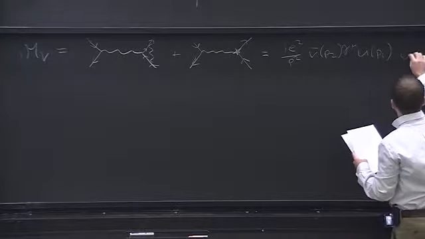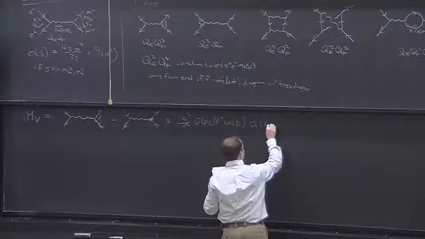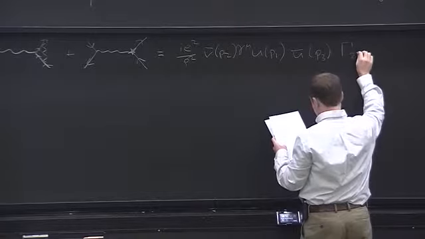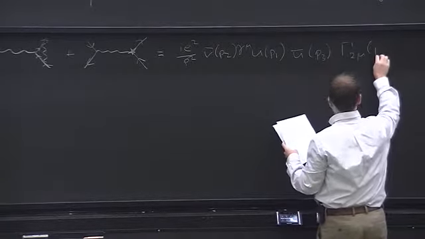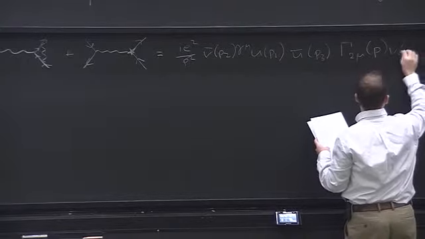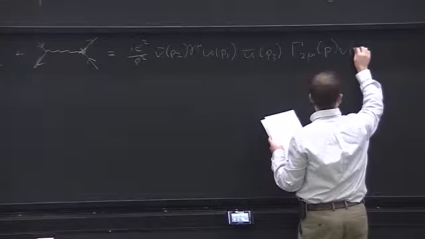And we get something from the muon line, and let's just give it a new name, whatever shows up in the muon line: it's Gamma_2^mu of p.